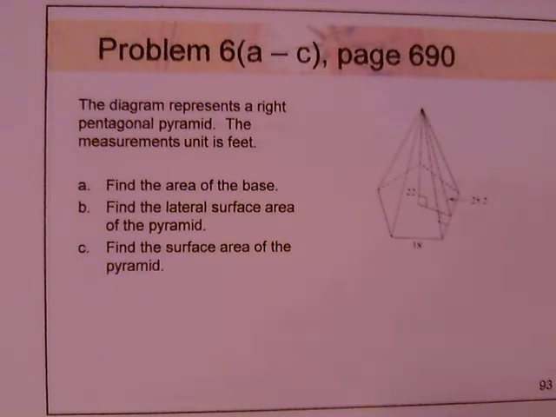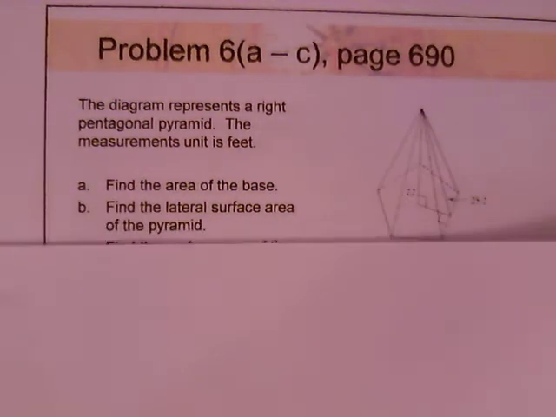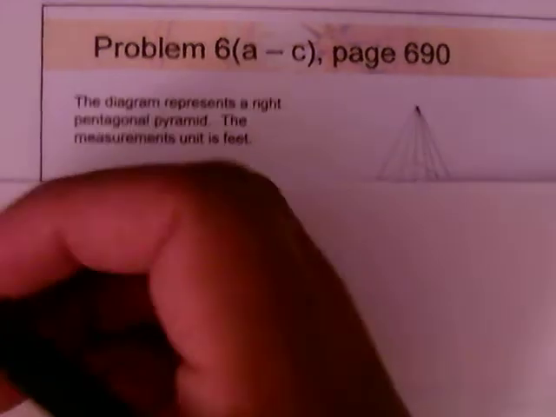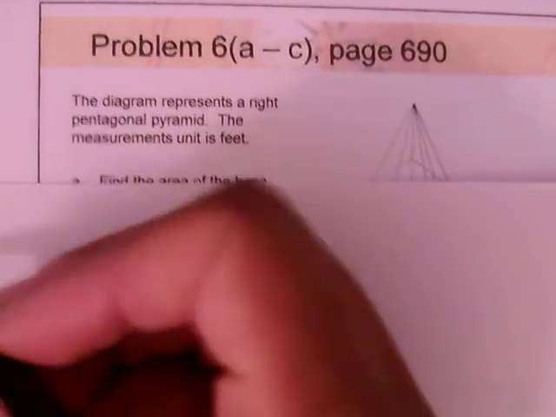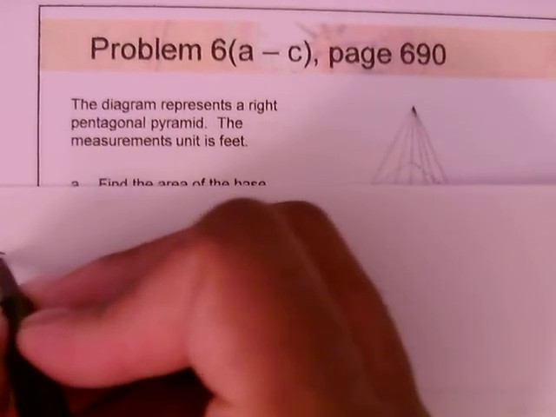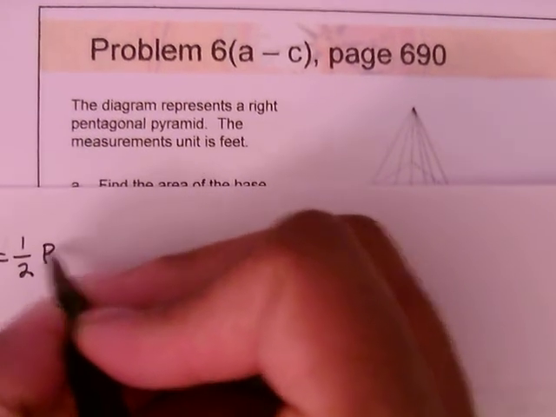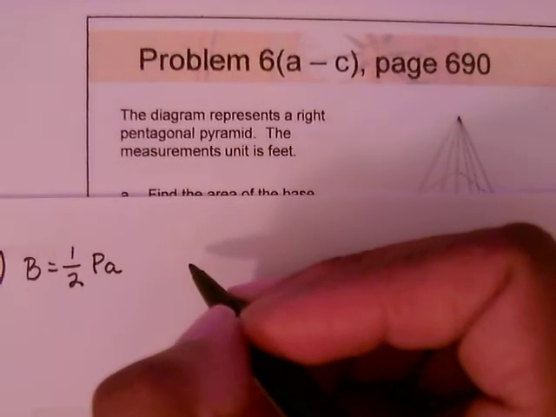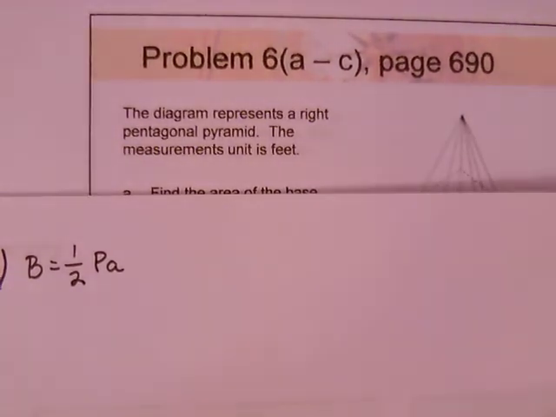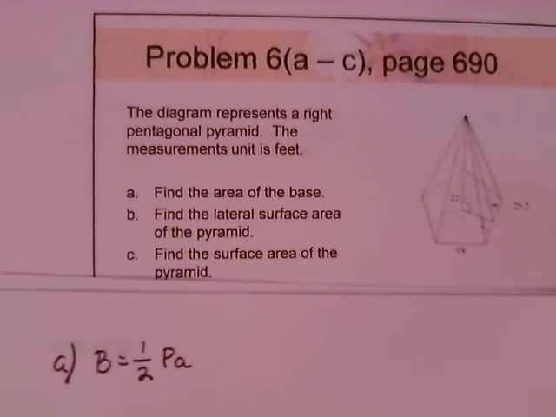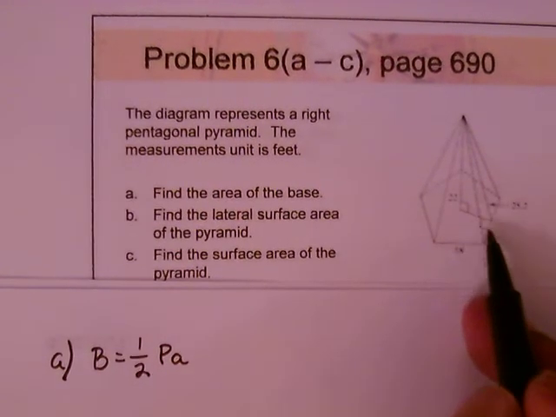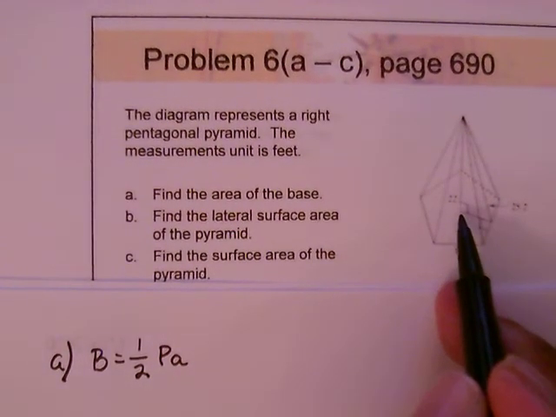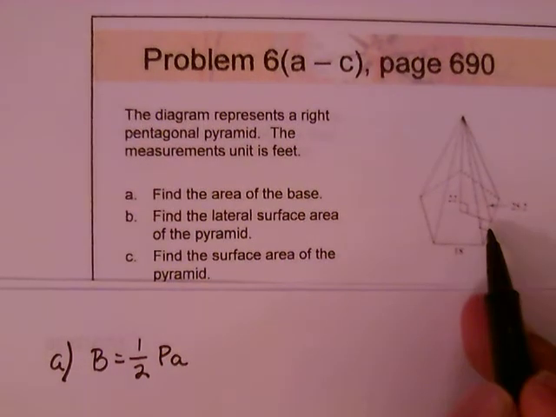So let's start off with the area of the base. To find the area of the base, we have to do B is equal to 1/2 P times A. Now, before we do anything, we don't know what A is. That's this part right here, from the center of the pentagon to a side perpendicular to it.